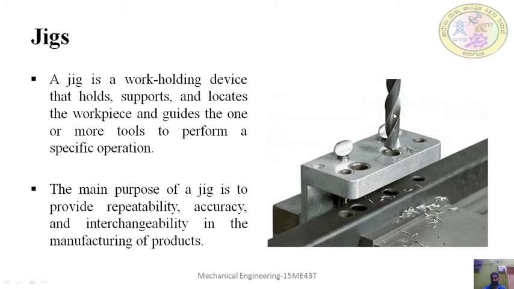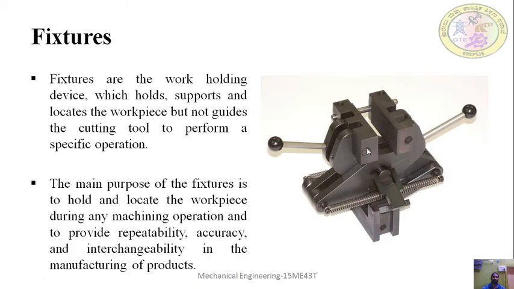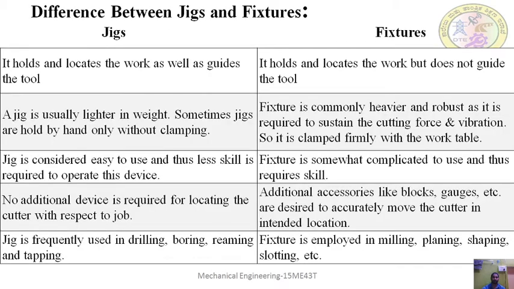So the drill bit will come through this hole and do the drilling operation here. Whereas you can see there are no holes or any extra portion to move the tool in the fixture, so it will not guide the tool. It holds and locates the workpiece but does not guide the tool. That is the main difference between jigs and fixtures.